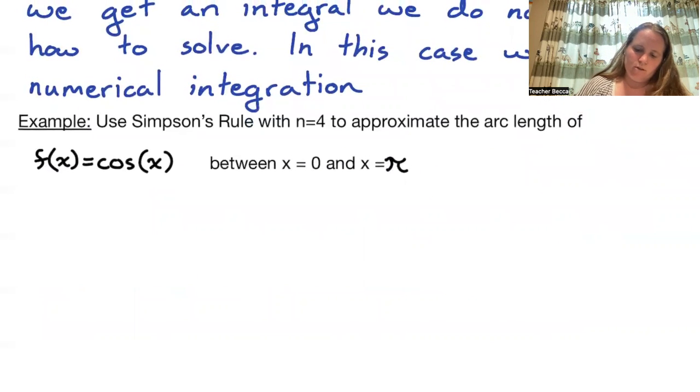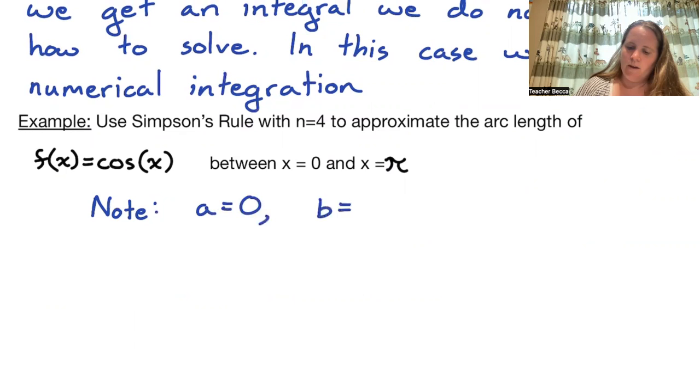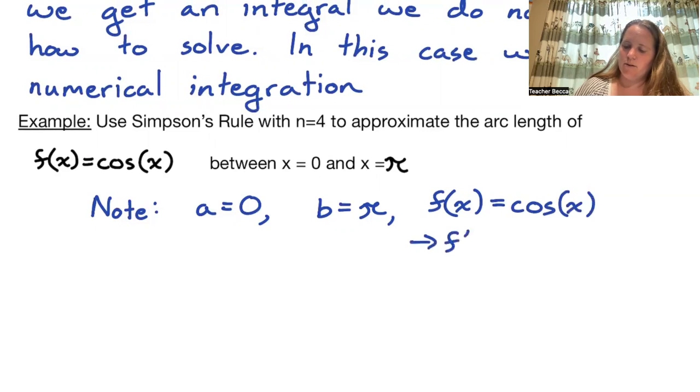So just note, in this case, a is 0, b is pi, f of x is cosine of x, which means that our f prime of x is negative sine of x.